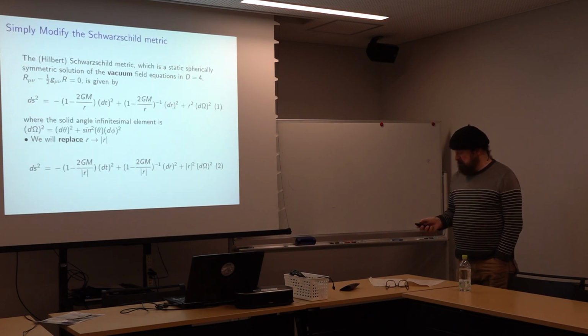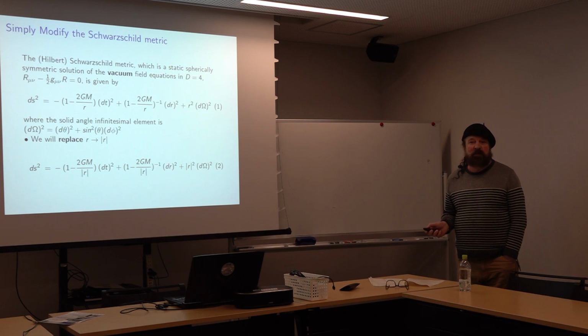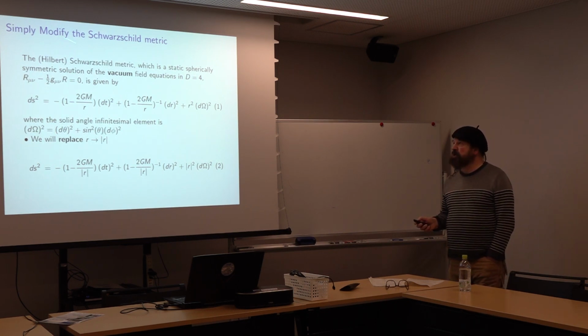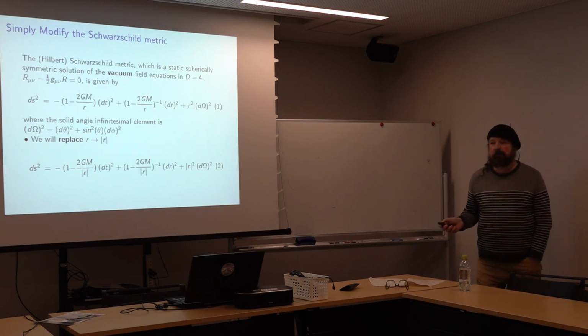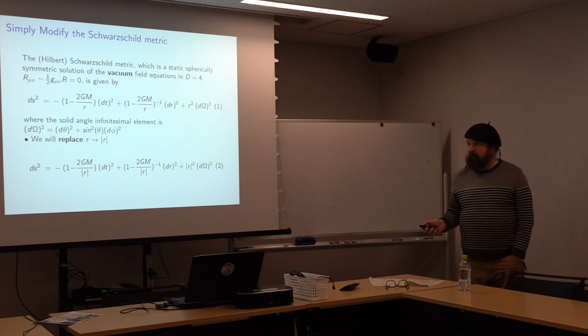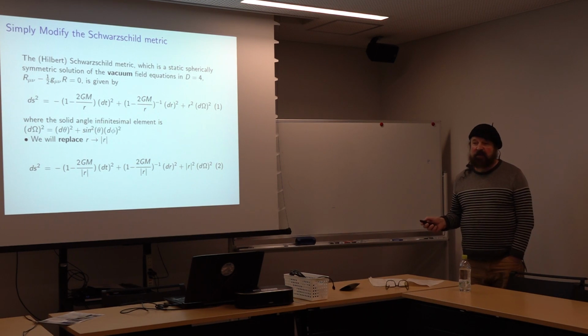Have any of you taken general relativity? But you have heard of the Schwarzschild metric? You see, in 1916, Schwarzschild is the first person who found solutions to the Einstein field equations. Actually, he found what he calls static, spherically symmetric solutions.